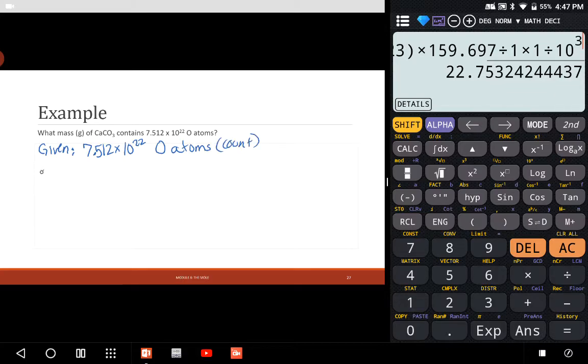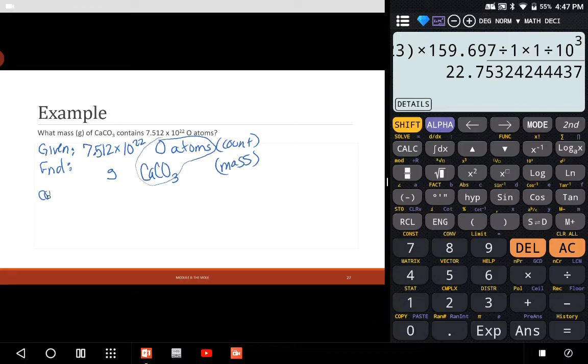And I'm asked to find mass in grams of calcium carbonate. And so I can see here that I am asked about different things. Whenever I'm asked about different things, I have to think about what kind of mole ratio do I know that can relate those two things together.